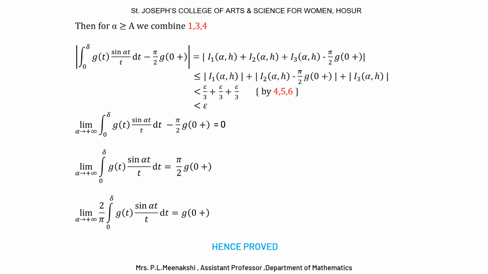Substituting these values, it is less than ε/3 plus ε/3 plus ε/3, which is less than ε. So taking the limit, ε tends to 0.